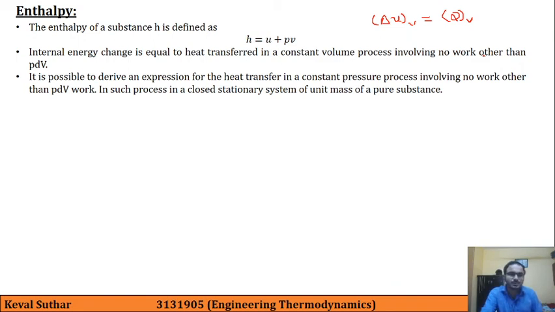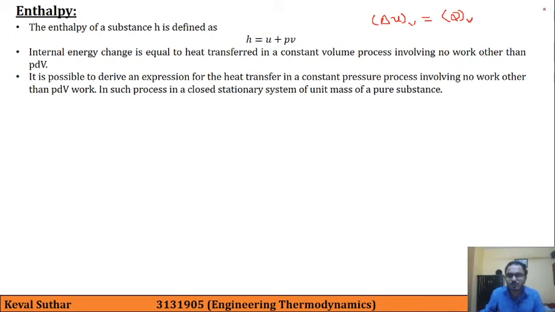Now it is possible to derive an expression for heat transfer in a constant pressure process involving no work other than PdV work. In such a process, in a closed stationary system of unit mass of pure substance.